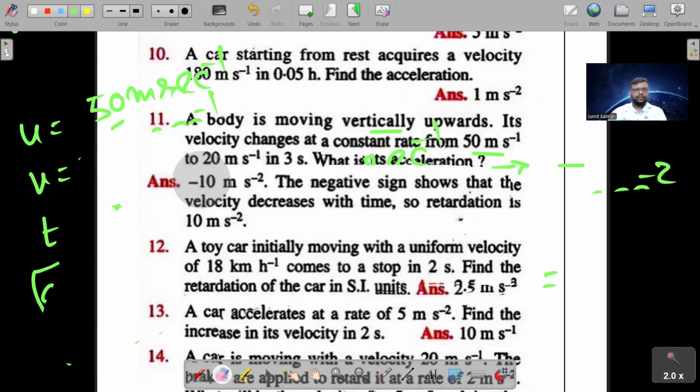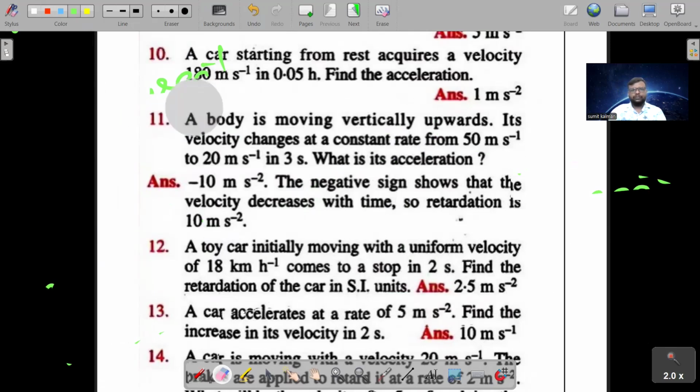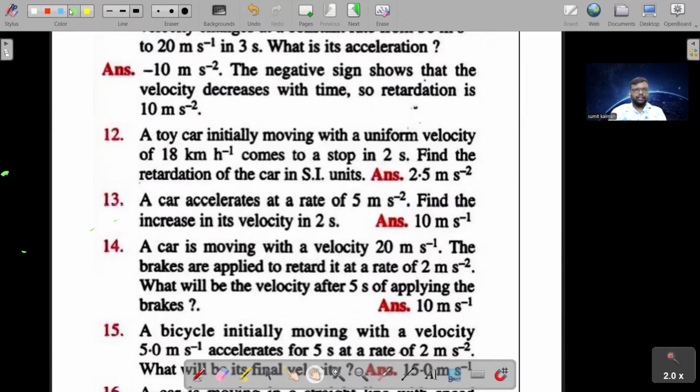Now next is the 12th problem. See, what is the 12th problem? A toy car initially moving with a uniform velocity of 18 km per hour comes to a stop in 2 seconds. Find the retardation of the car in SI unit.